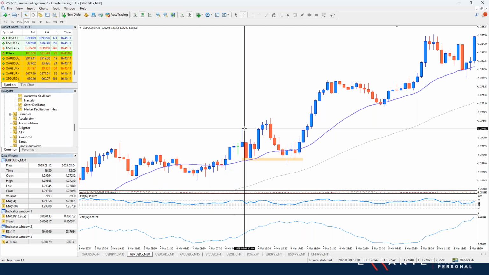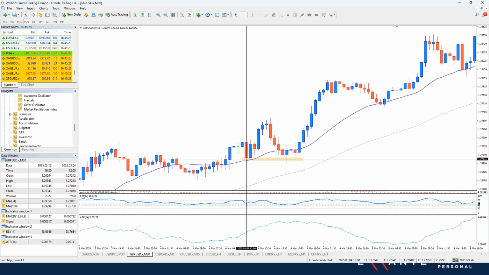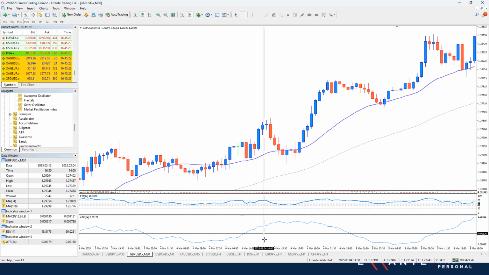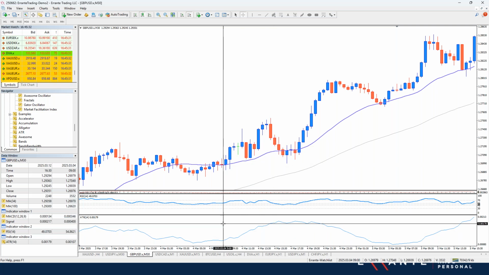So here is how you can define if this is the right setup to enter or not, or if you should take the risk of this trade here or not. And also you see the ATR is almost near the peak.